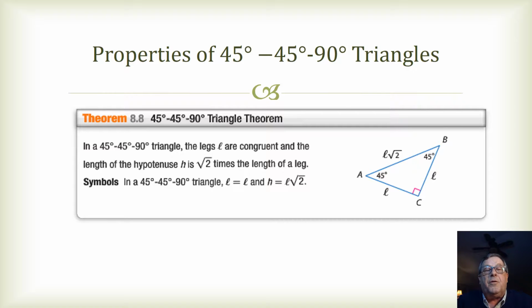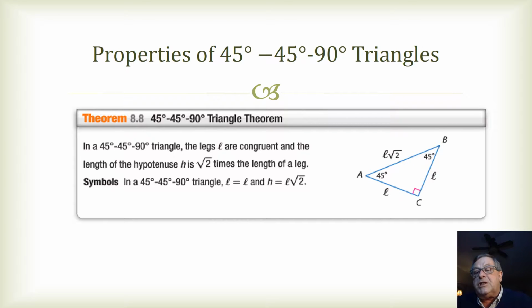Here we have the 45, 45, 90 degree triangle theorem, and it says in a 45, 45, 90 degree triangle, the legs are congruent, and the length of the hypotenuse is the square root of 2 times the length of a leg.